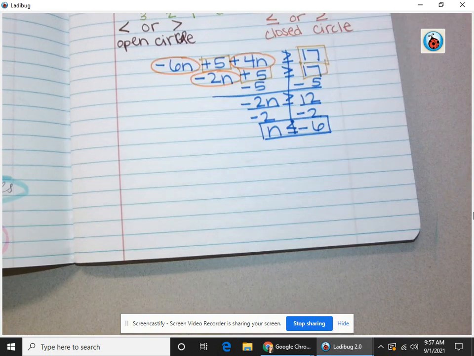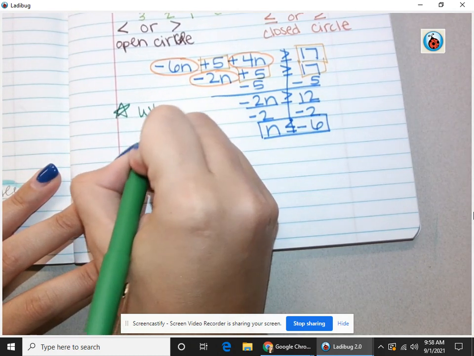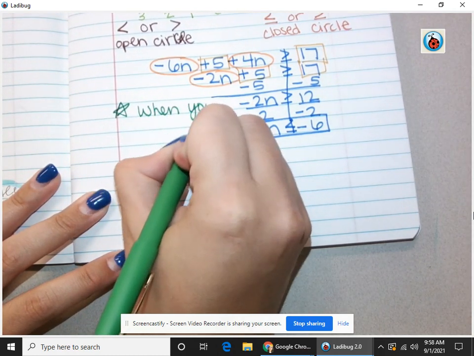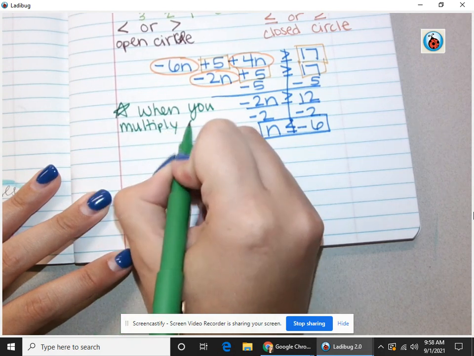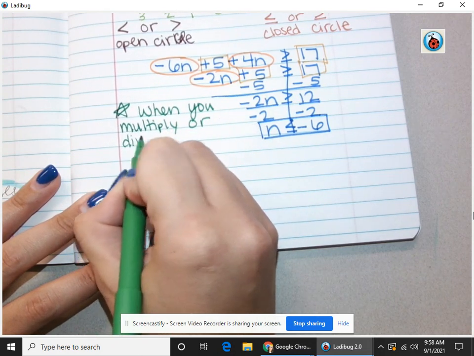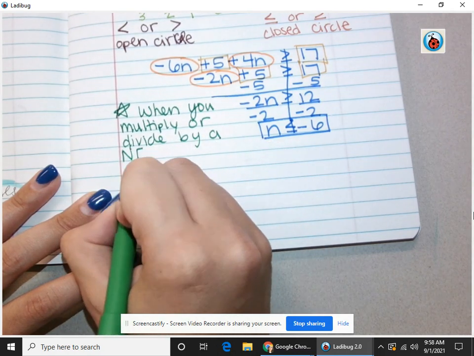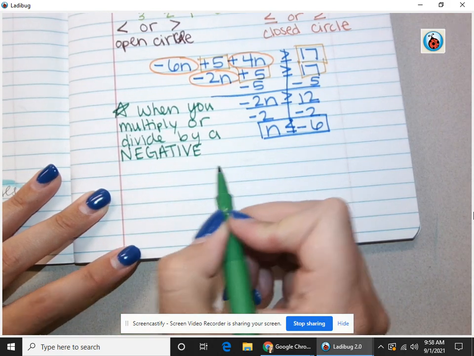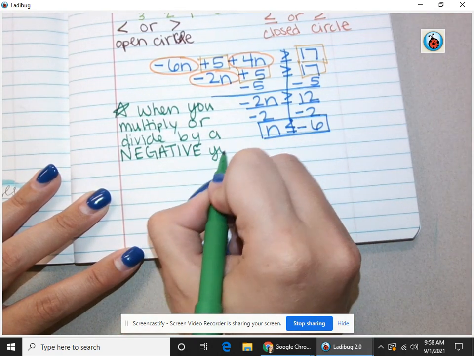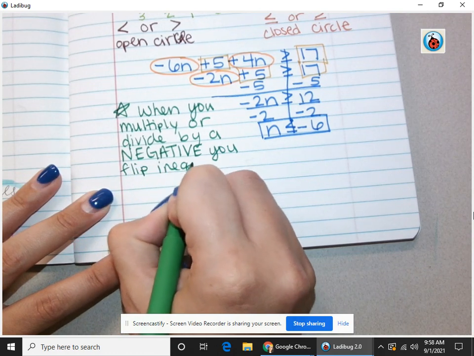So, here's the deal. When you multiply or divide by a negative, okay, you flip the inequality.